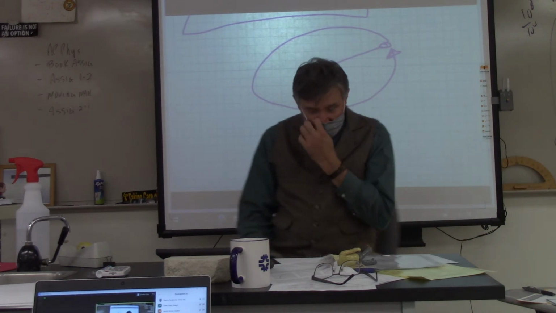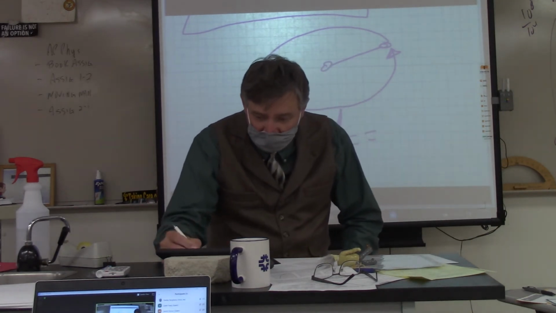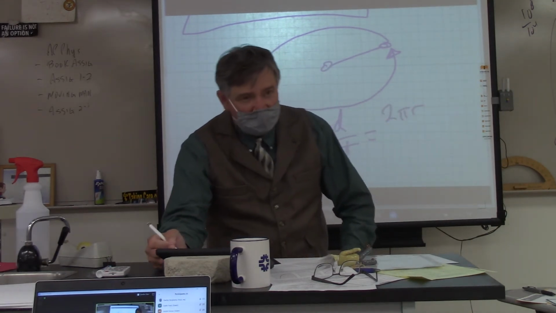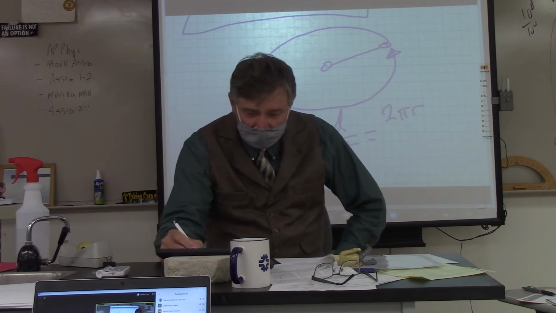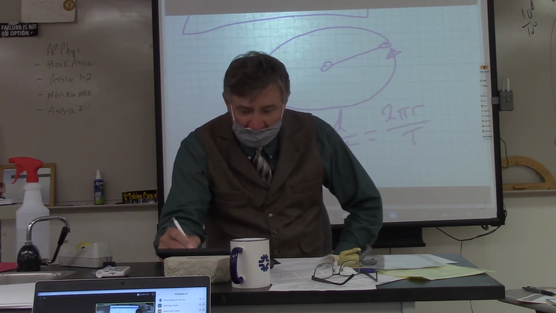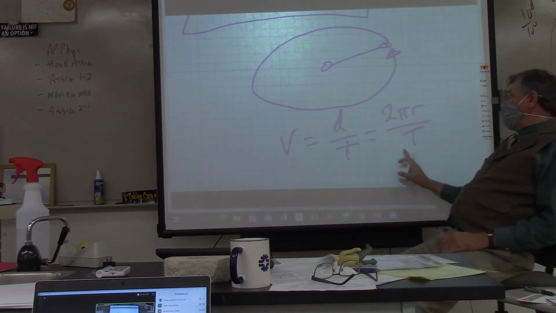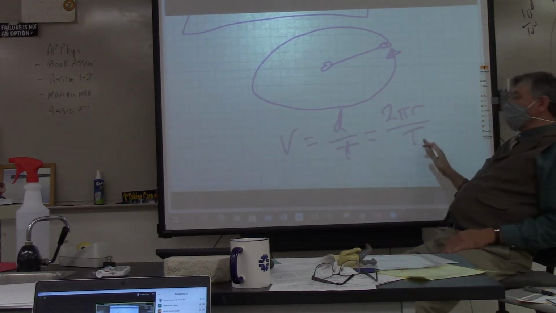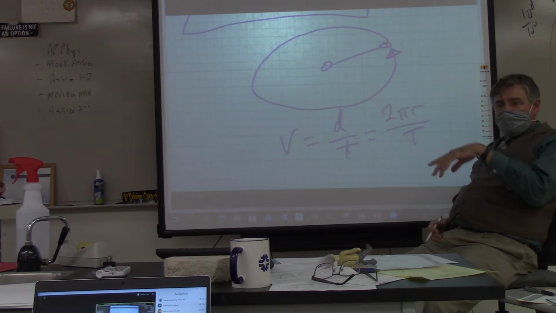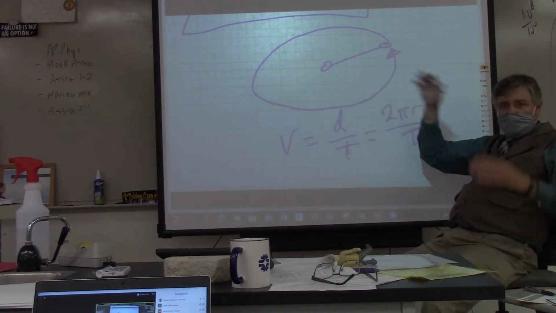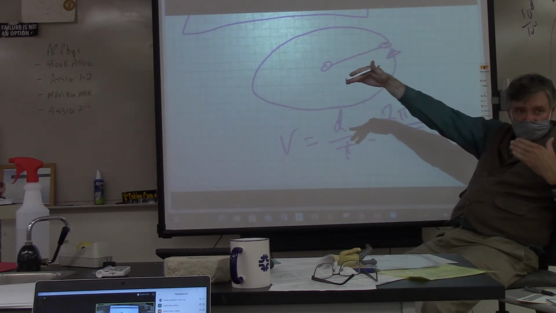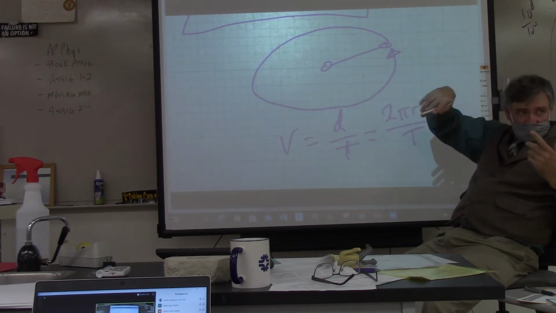So the distance Al is going to travel is going to be 2 pi r. Now, because he's going to come back to the same point in the circle, I'm going to use uppercase T. So when I was out running, I used lowercase t because that was just one time interval. I wasn't coming back to that point.